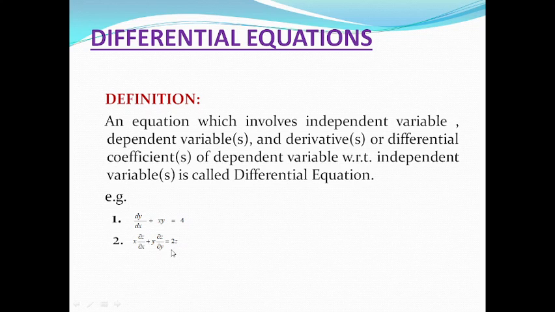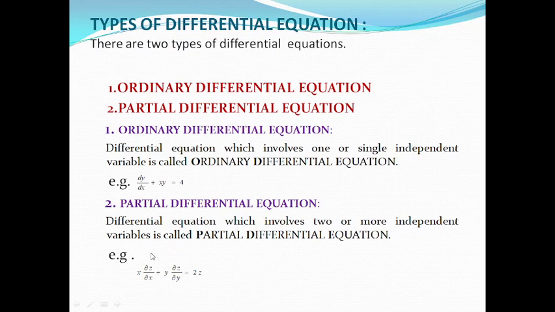We have one more example, x ∂z/∂x + y ∂z/∂y = 2z. Here we will discuss the types of differential equations. There are two types of differential equations. One is ordinary and the other is partial differential equation. An ordinary differential equation is a differential equation which involves one single independent variable. For example, dy/dx + xy = 4.